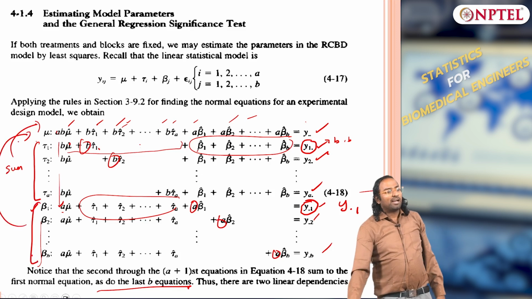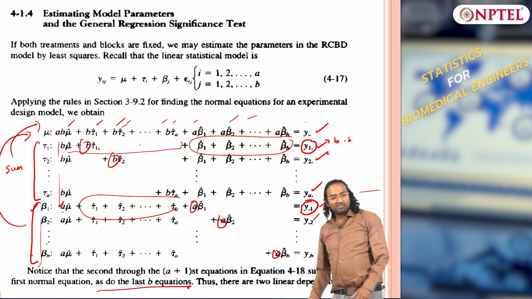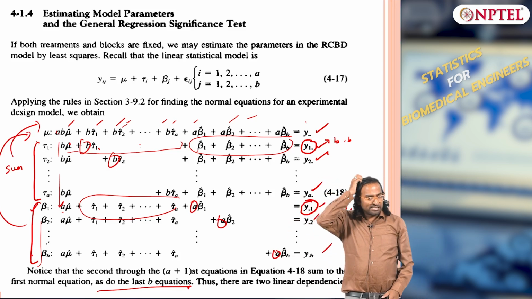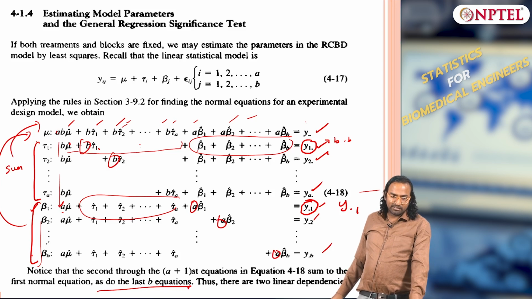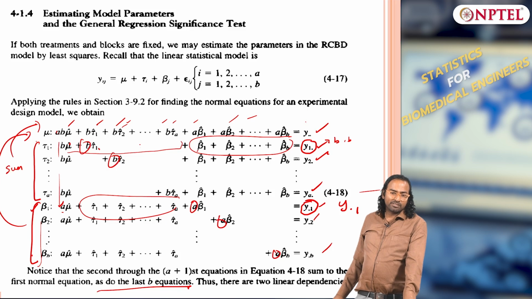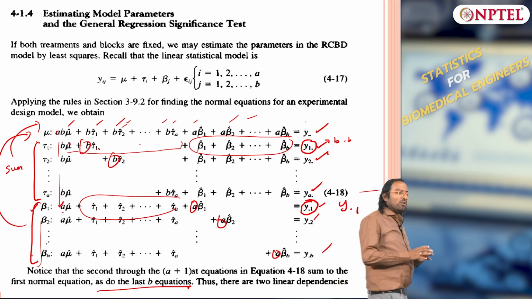So there are actually two dependency equations, not one. If I sum the tau 1 to tau A equations, I will get the first equation. If I sum the beta 1 to beta B equations, I will get the first equation. So there are two dependencies.